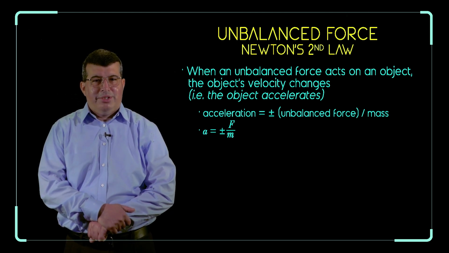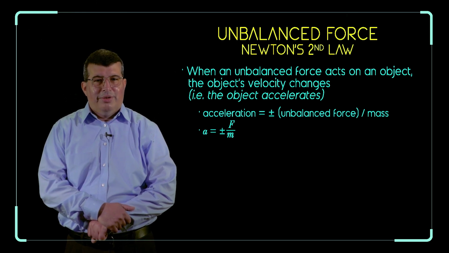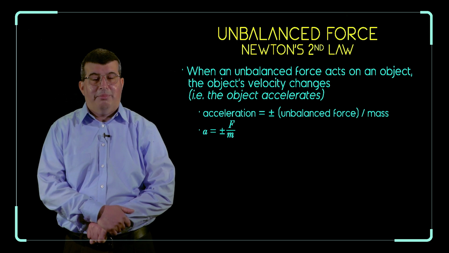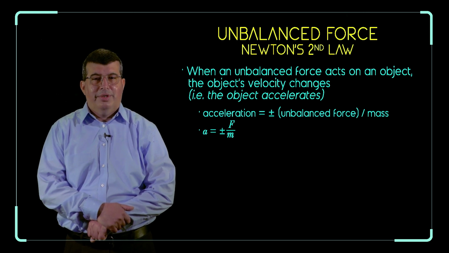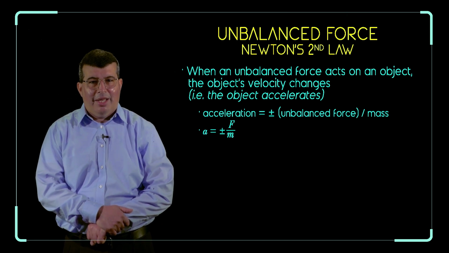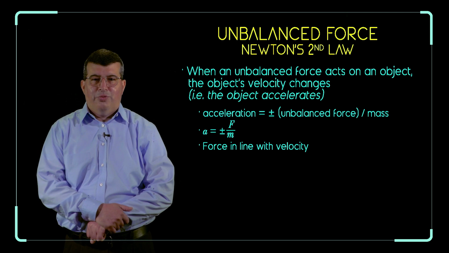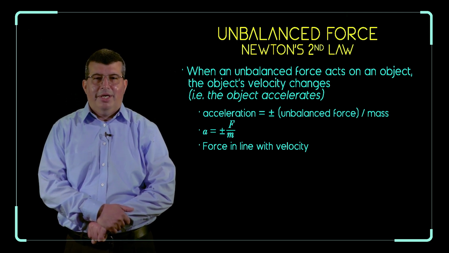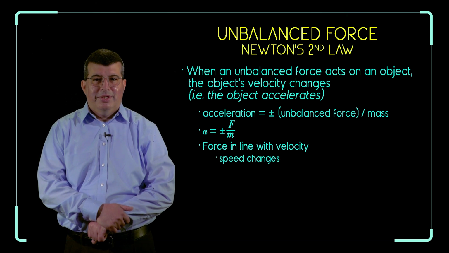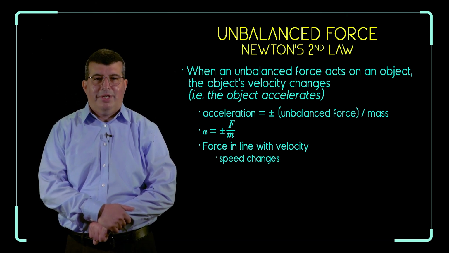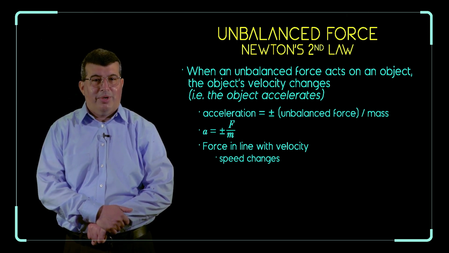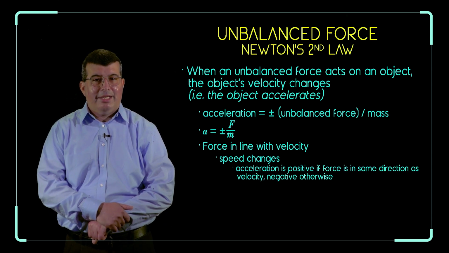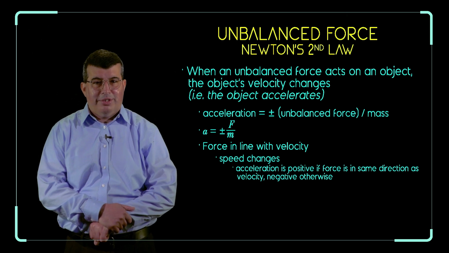Now, because acceleration has both amount and direction, and because forces have amount and direction, because they're both vectors, there are two cases to think about. The first is when the force is in line with the velocity. When the force is in line with the velocity, the object's speed changes, and acceleration is positive if the force is in the same direction as the velocity, and negative otherwise, so if the force is in the opposite direction as the velocity.